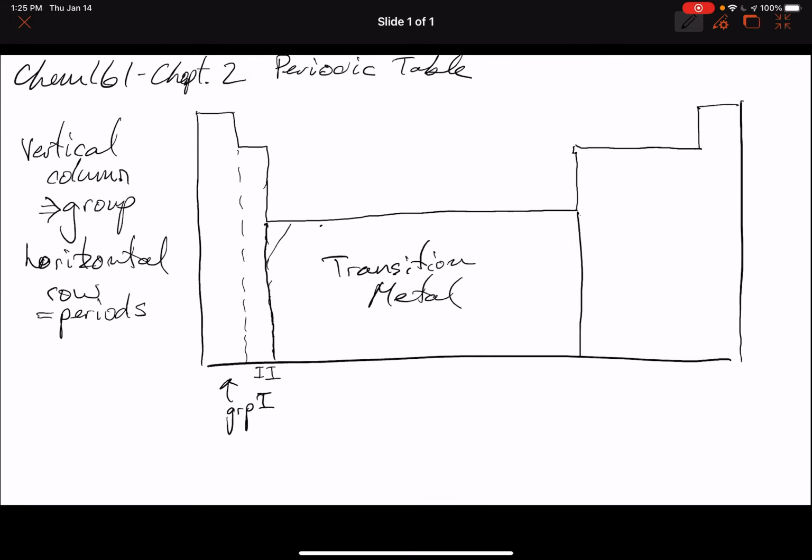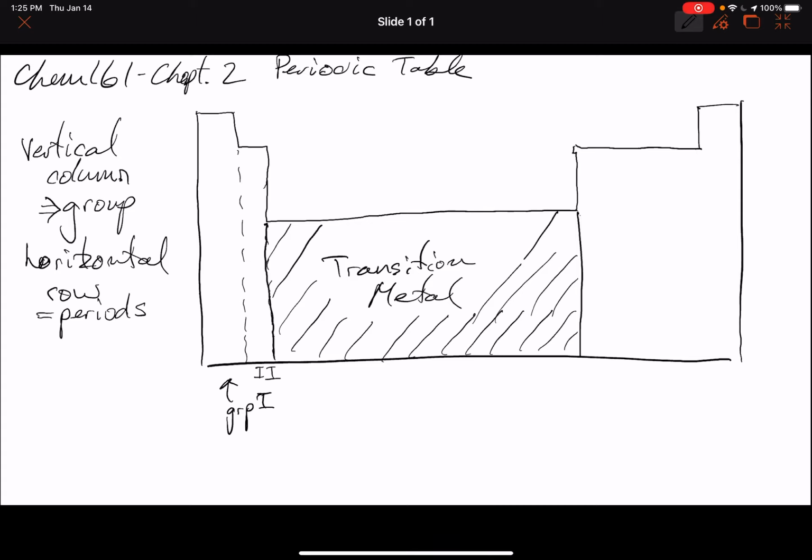Many materials in this area are metallic, like you've experienced in your everyday life, like iron, nickel, gold, other coinage metals like silver, palladium, platinum. And the properties you're familiar with in metals are mostly seen in the elements in this area of the periodic table.